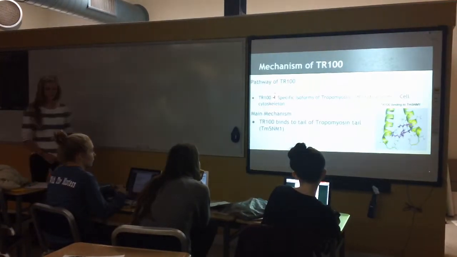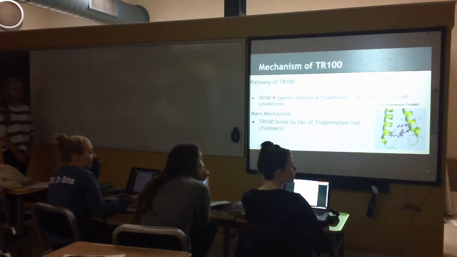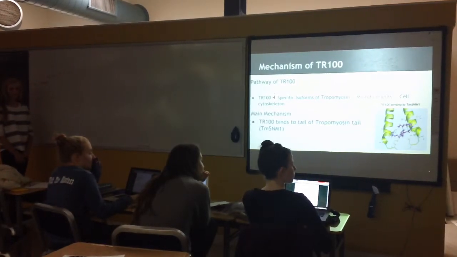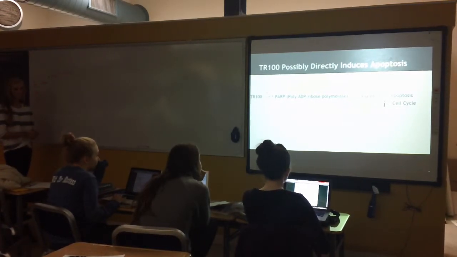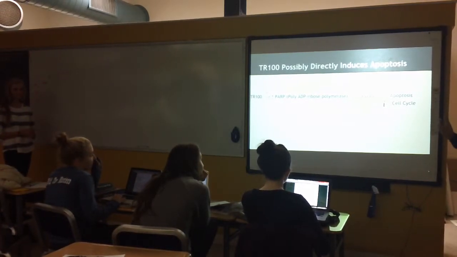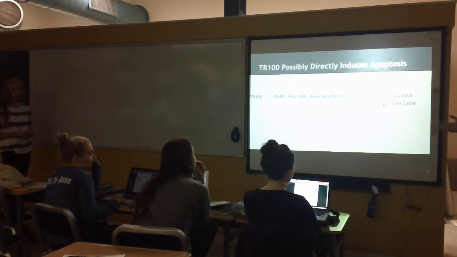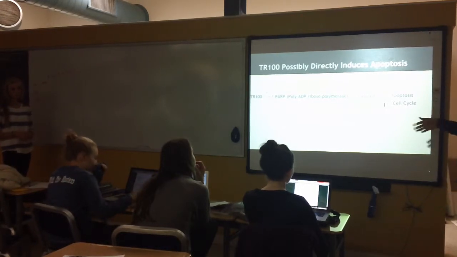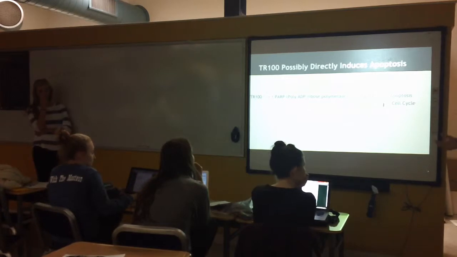Okay, just to clarify, this is showing how TR100 specifically targets the structure of the cell. Now, scientists have also found data showing that TR100 causes an increase in PARP, which is a type of enzyme which activates caspase 3, which is also an enzyme which induces apoptosis, or stops the cell cycle.